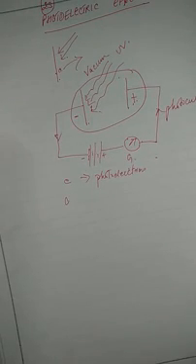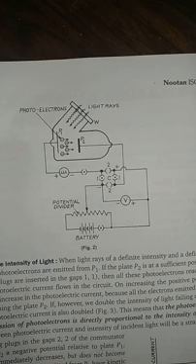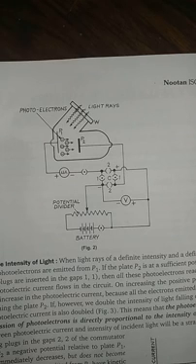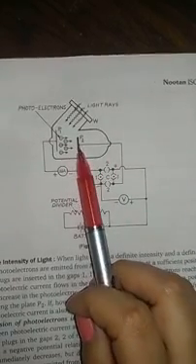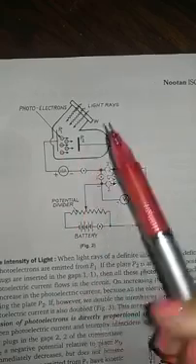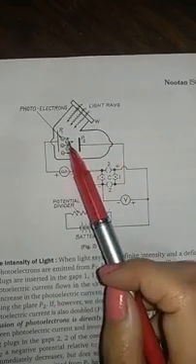So I'll show you the setup of that one. Now this is the setup for Hertz and Lenard's observation. What they did was, they took two plates P1 and P2, kept in vacuum where light could fall on this.